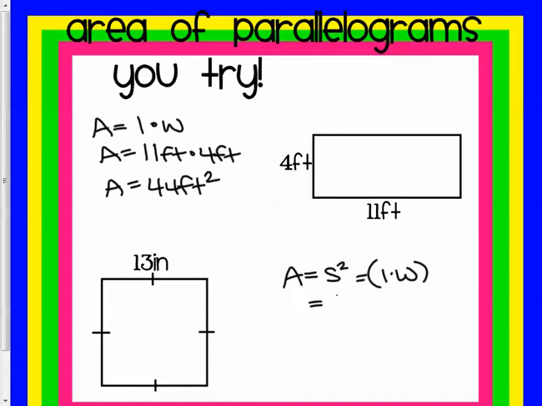And when we do the side squared, that's 13 squared, or 13 times 13. And make sure that you also do the inches times the inches, and you get 169 inches squared. If you need to have the labels here to remember the inches squared, then do so.